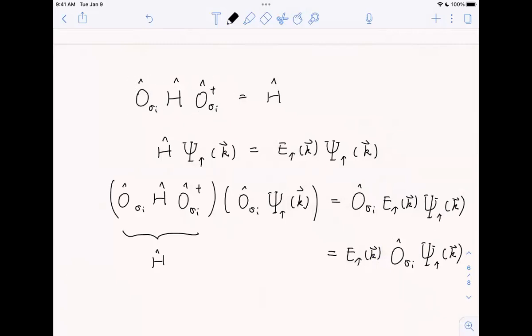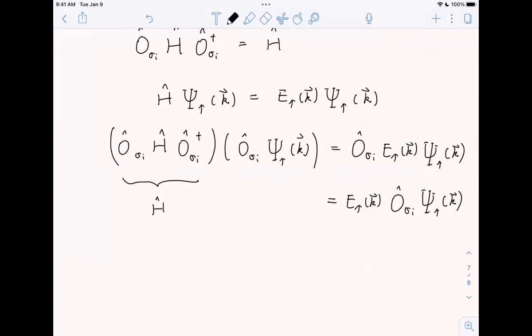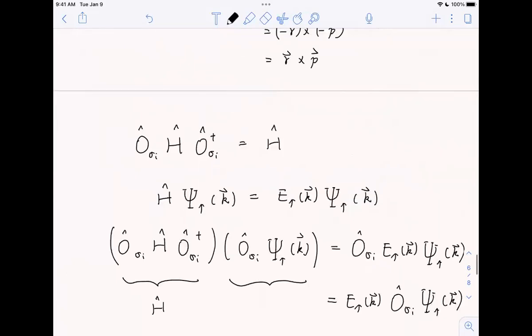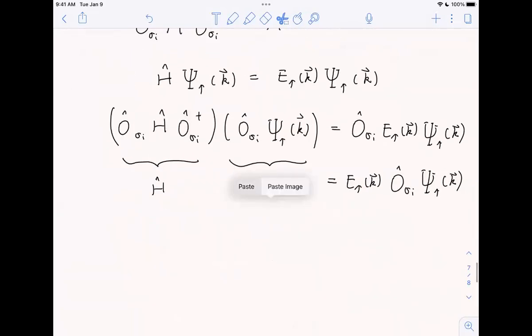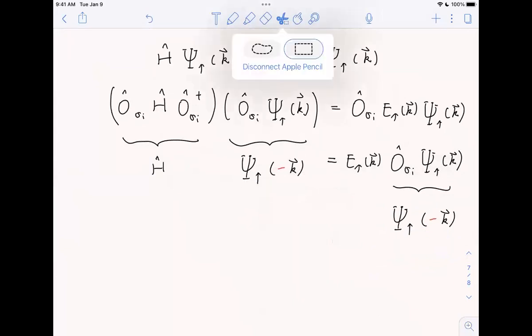This is how they transform. We already did this operation, so when you apply it, you get something like this.